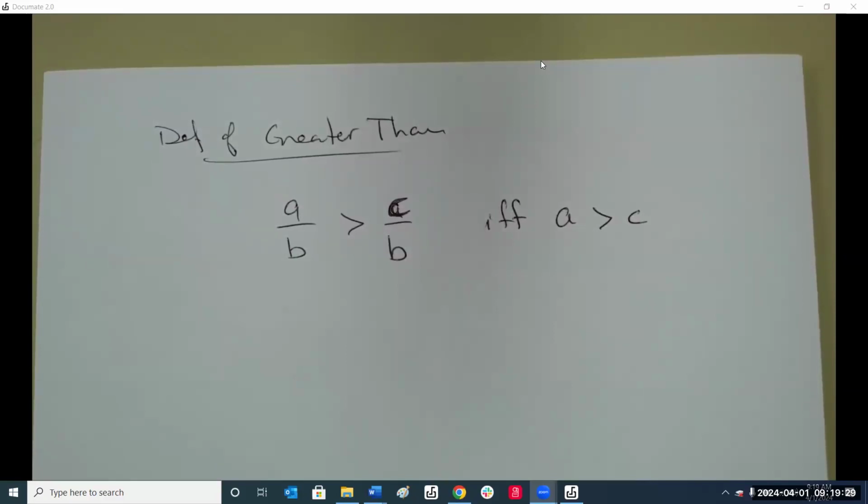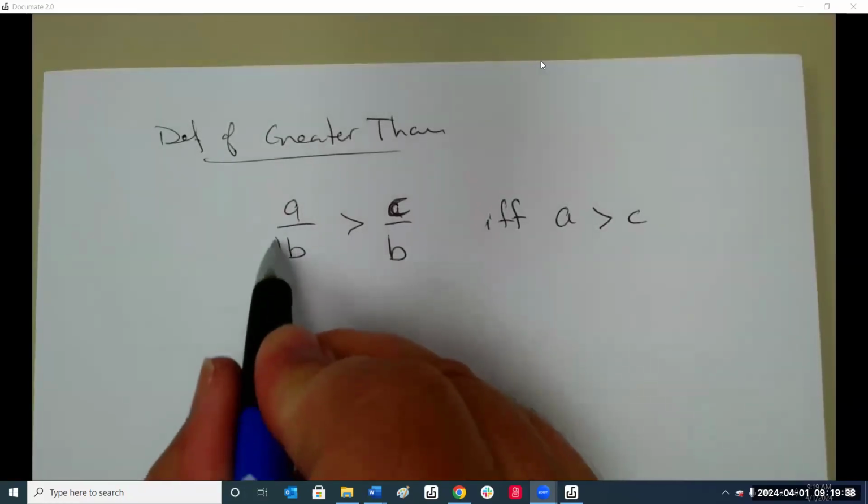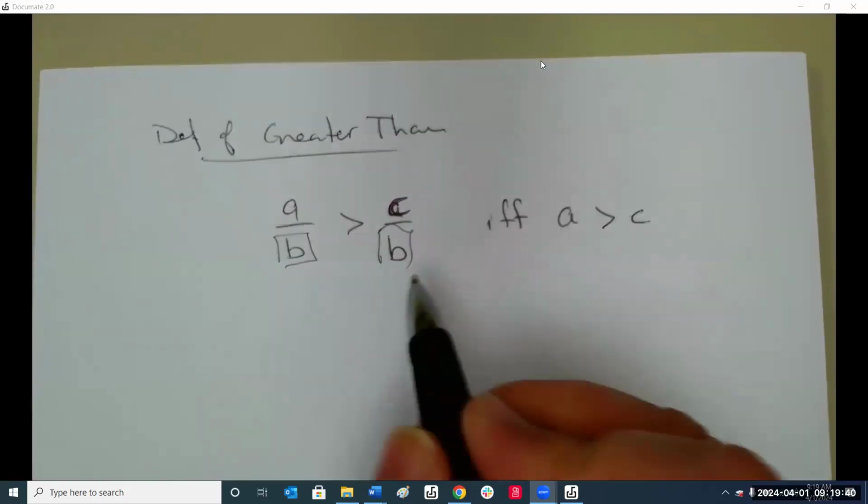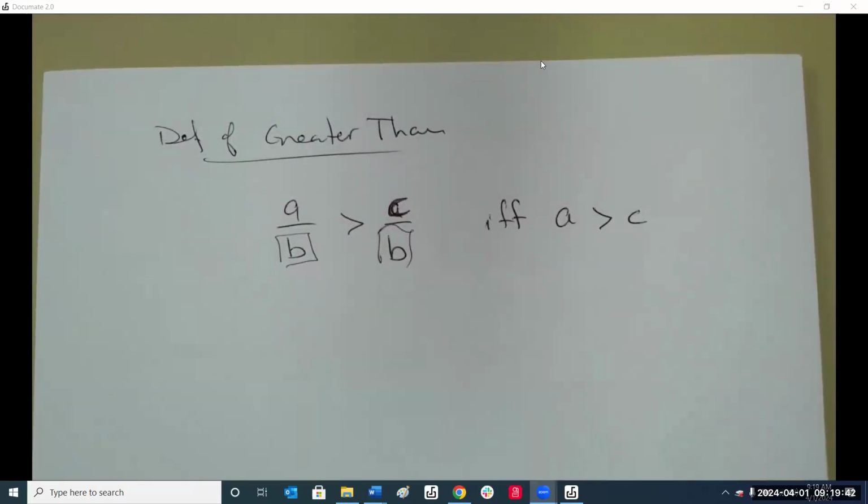Is that always true? Yes, because as long as the bottom numbers are the same, then you compare the top. That's where we get the concept of what? Common denominator.